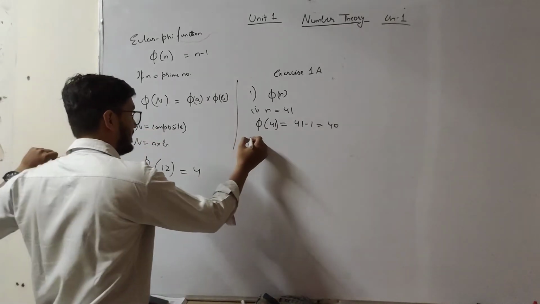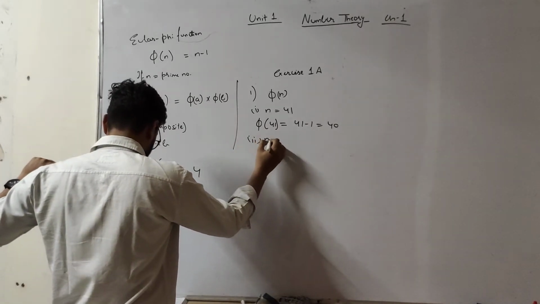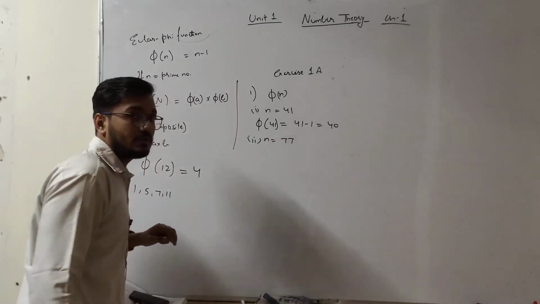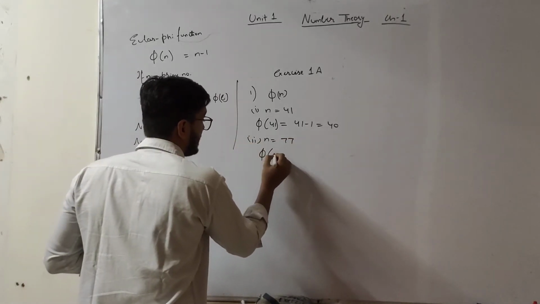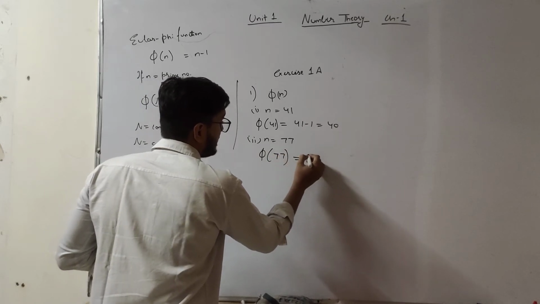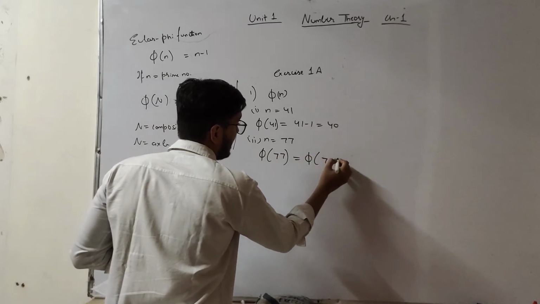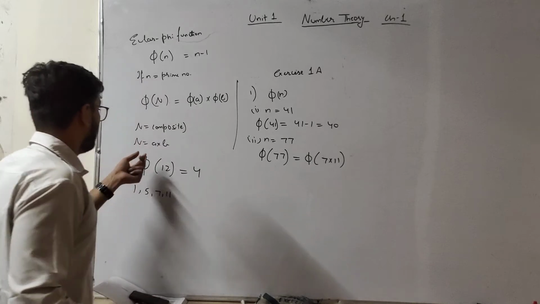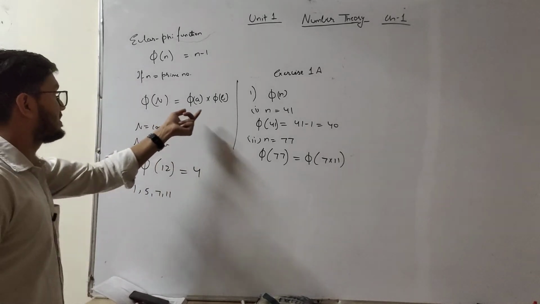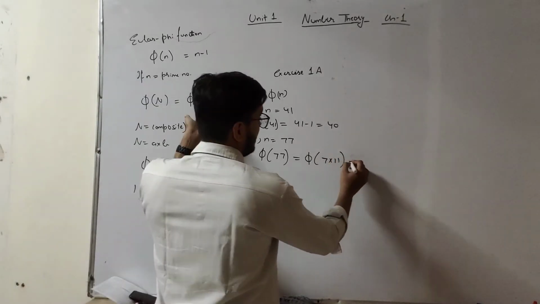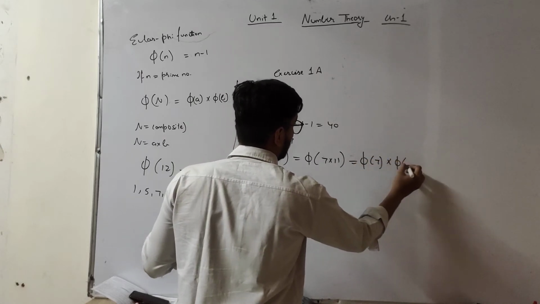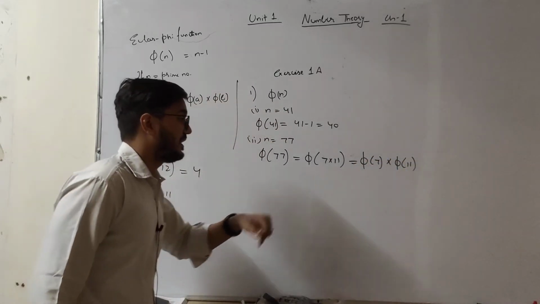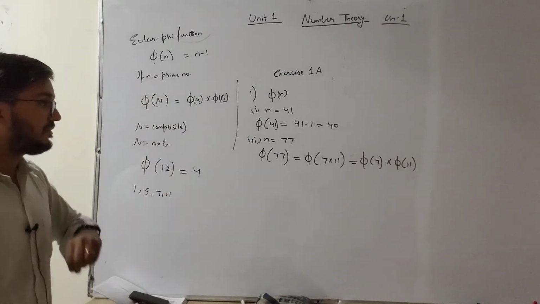In the second part, n is equal to 77. So phi 77, and 77 is 7 multiplied by 11. If n is a into b, we can write phi 7 multiplied by phi 11.